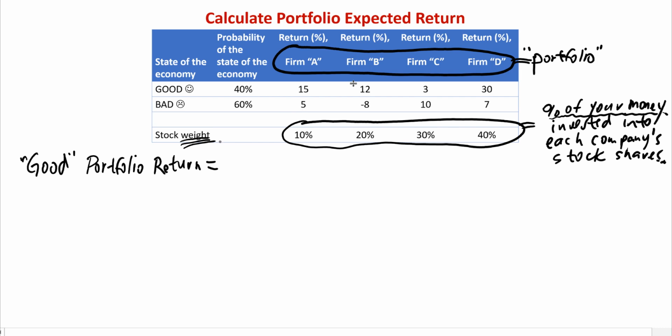Well, here's how we should think about it. 10% of our money will increase by 15%. So let me do everything in decimals. 0.1 times 0.15. Then another 20% of our money will increase by 12%. That's stock B. So in decimals, 0.2 times 0.12 plus 30% of our money will increase by 3%.